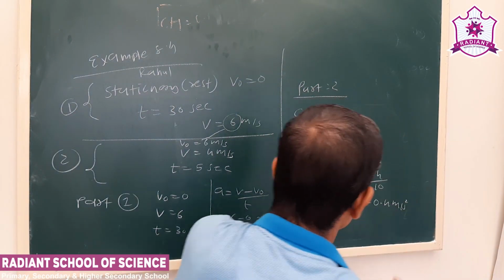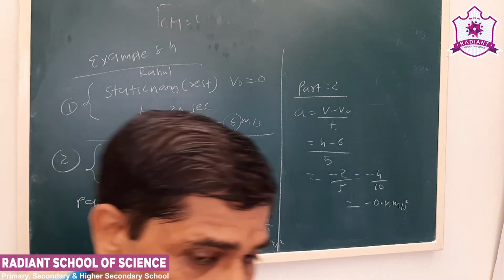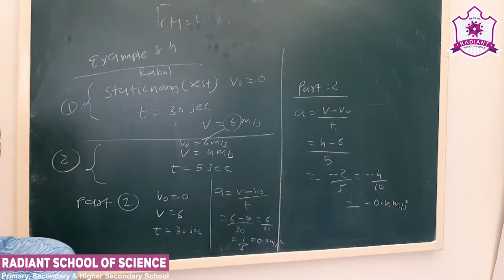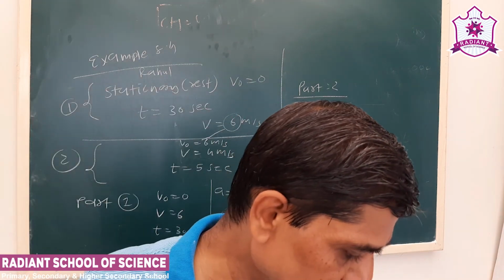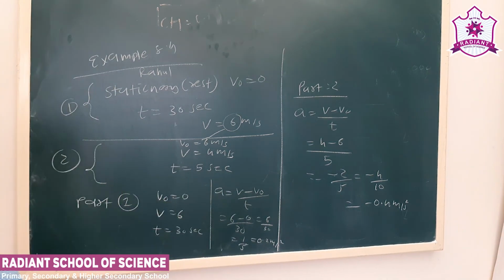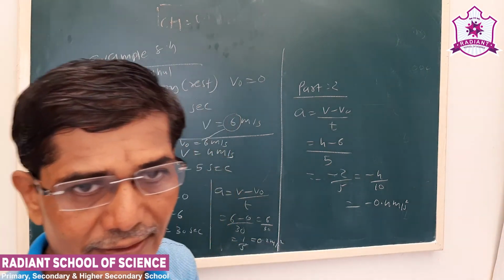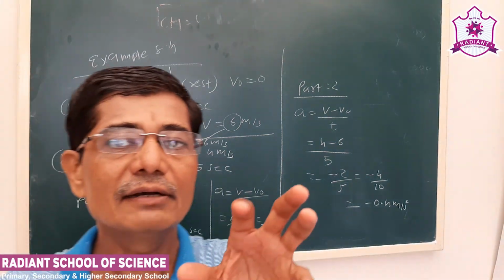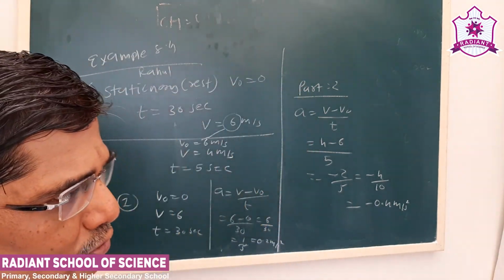Now we see in the first case, during the first 30 seconds the velocity increases, so we get a positive value of the acceleration. And in the next 5 seconds the velocity decreases, so that's why we get a negative acceleration. Our question says we have to find out only this.